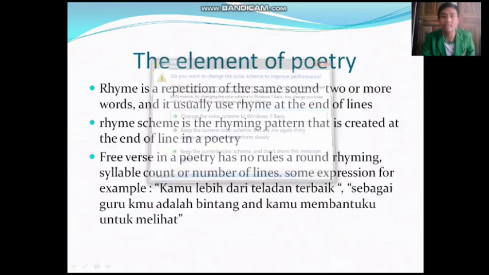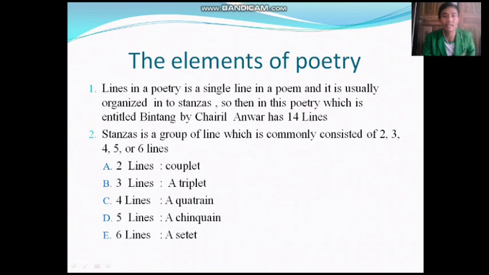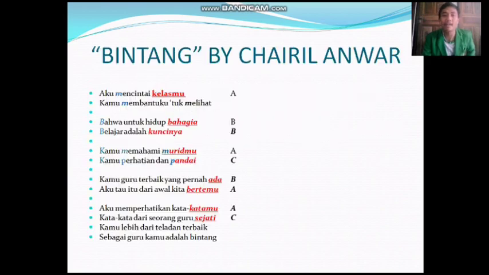The second element is stanza. A stanza is a group of lines, which commonly consists of 2, 3, 4, 5, or 6 lines. Two lines are called a couplet, 3 lines a triplet, 4 lines a quatrain, 5 lines a cinquain, and 6 lines a sestet. This poem has 5 stanzas.